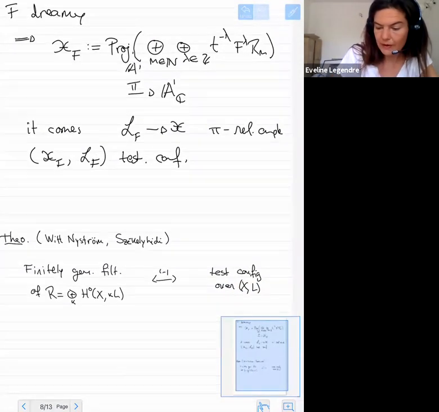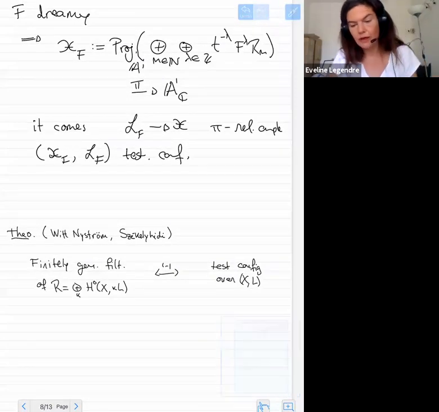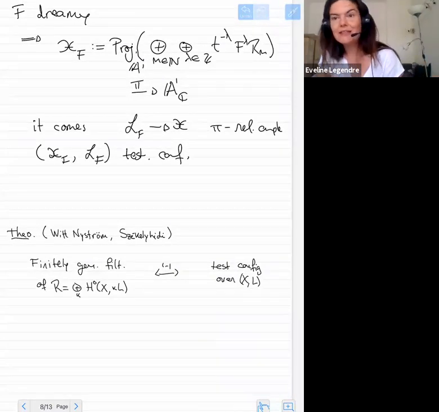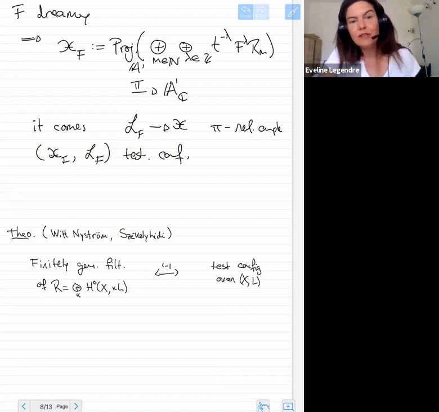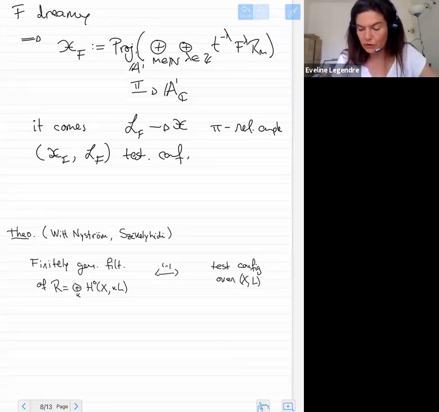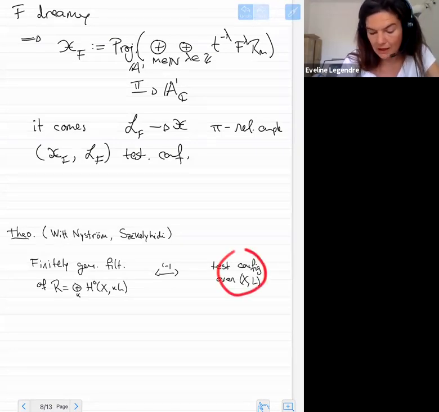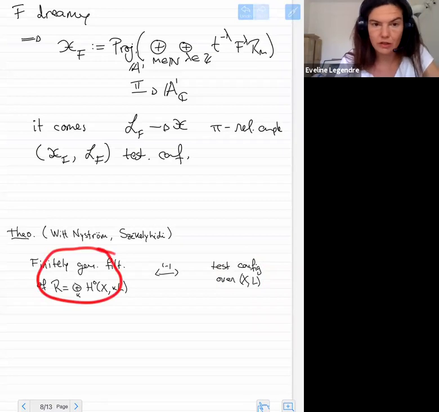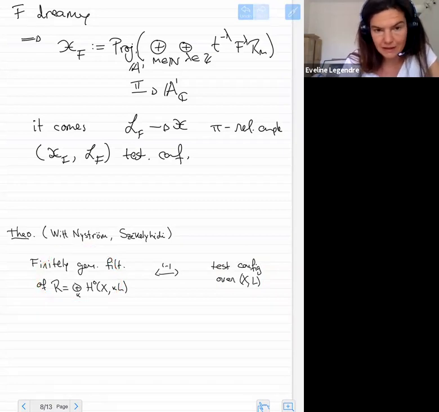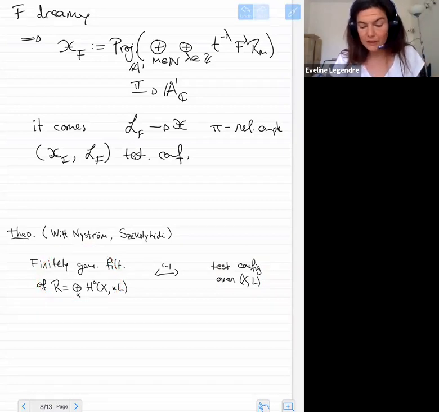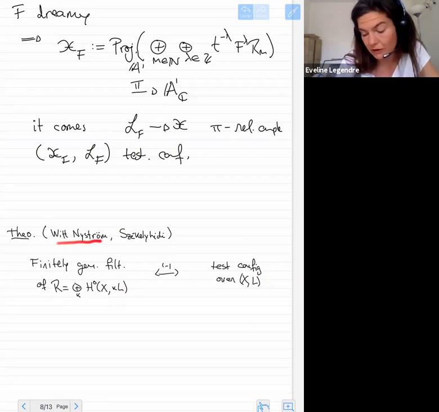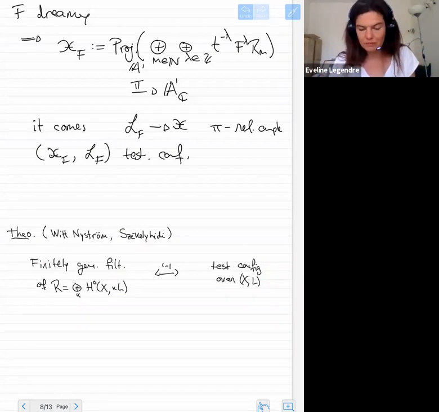Now to get further, we will see that to associate the divisorial valuation, we will use a one-to-one correspondence between test configurations over X_L and finitely generated filtrations of that space, which is due to Witt Nyström and Boucksom–Chen, in two separate papers that put together give this correspondence.